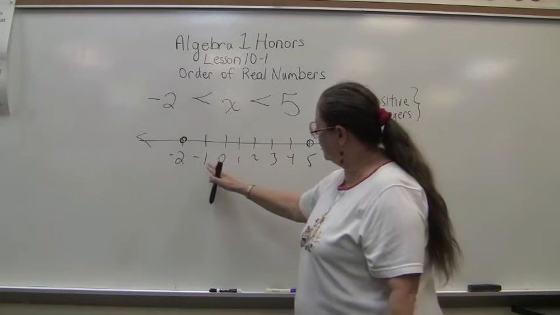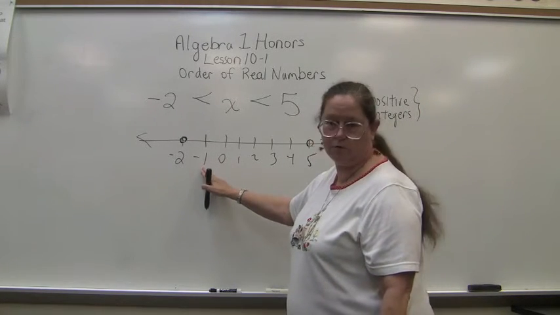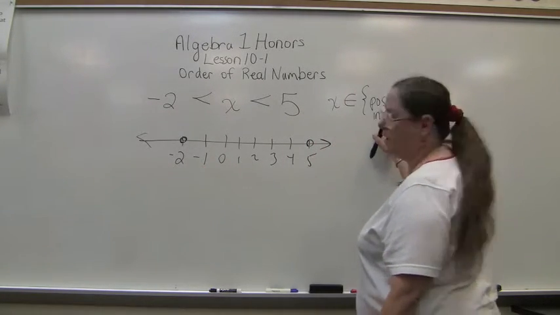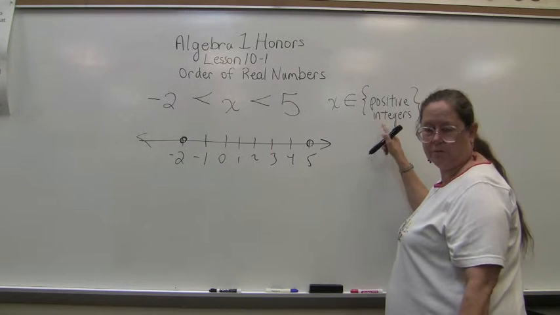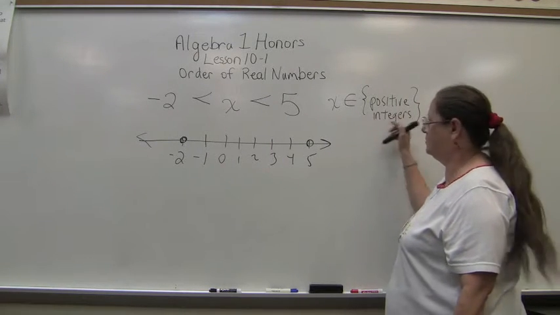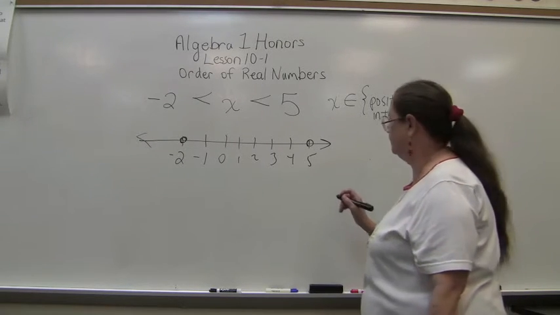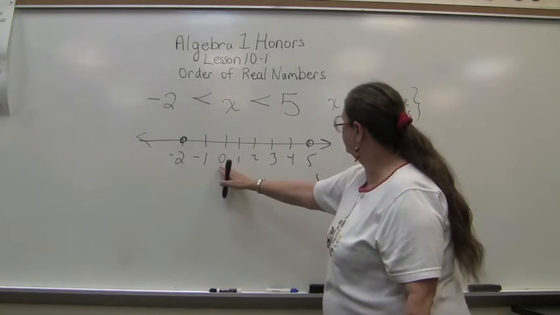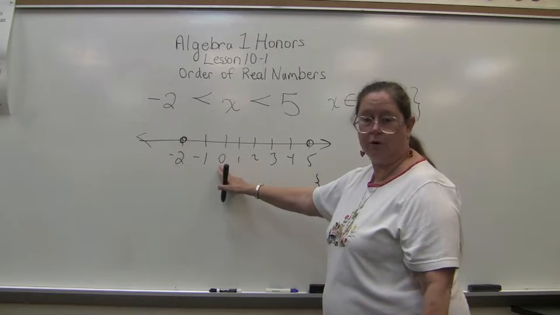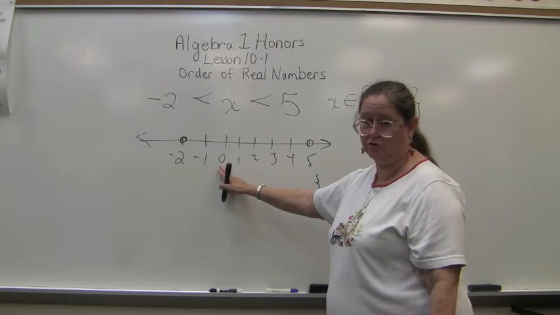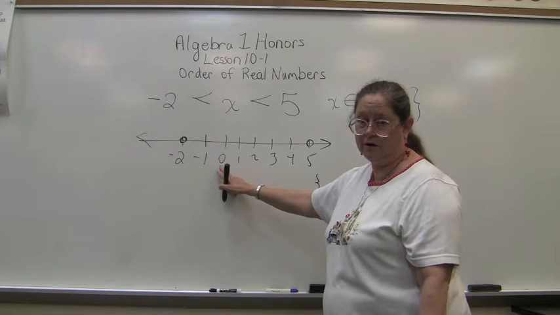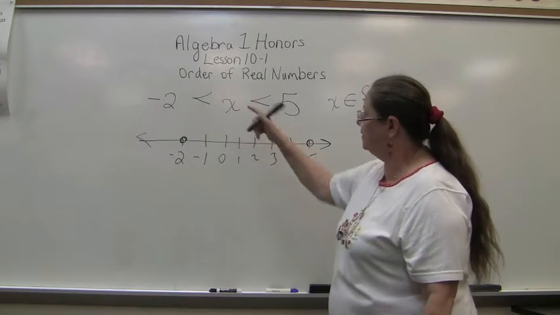So we're going to try -1. Well, -1 would work except that it's not a positive integer. So because our solution set is limited by the problem, we don't put -1 in there. How about 0? Well, 0 works, but it's not a positive integer. 0 is neutral. It's not negative or positive. We put a 1 in there.